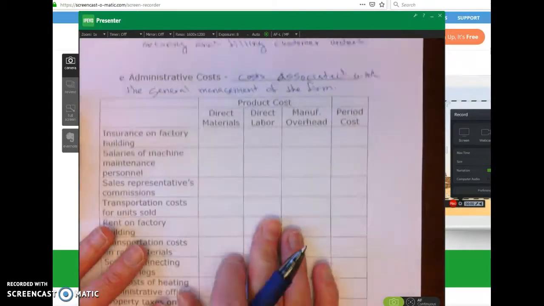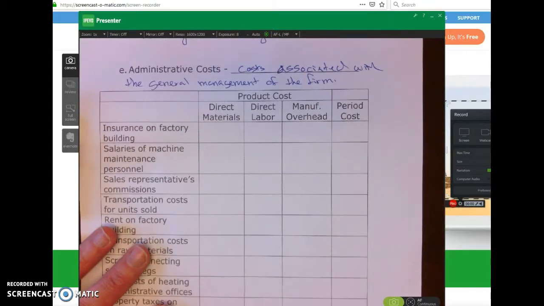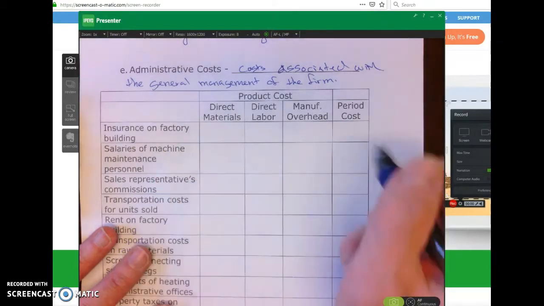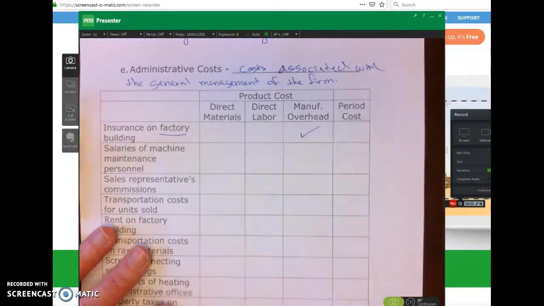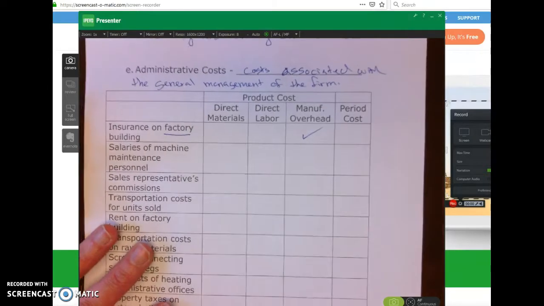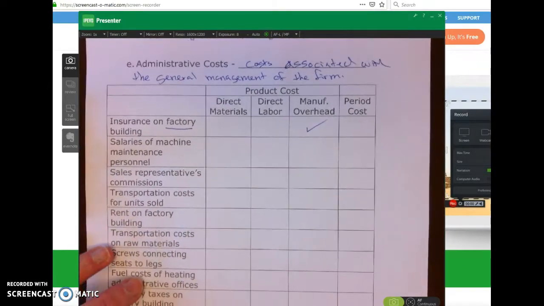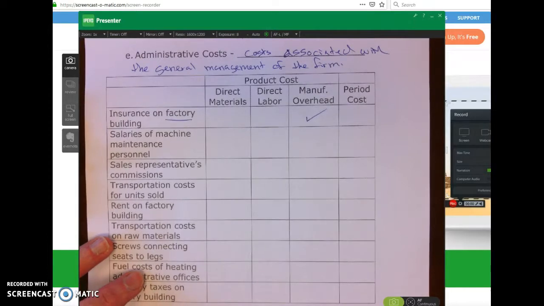So why don't we go through here and do a little bit of practice classifying some of these costs. The first one we can look at is insurance on factory building. Keyword is factory. That's manufacturing overhead, and again, that would be considered the third subclassification of manufacturing overhead, other manufacturing overhead.